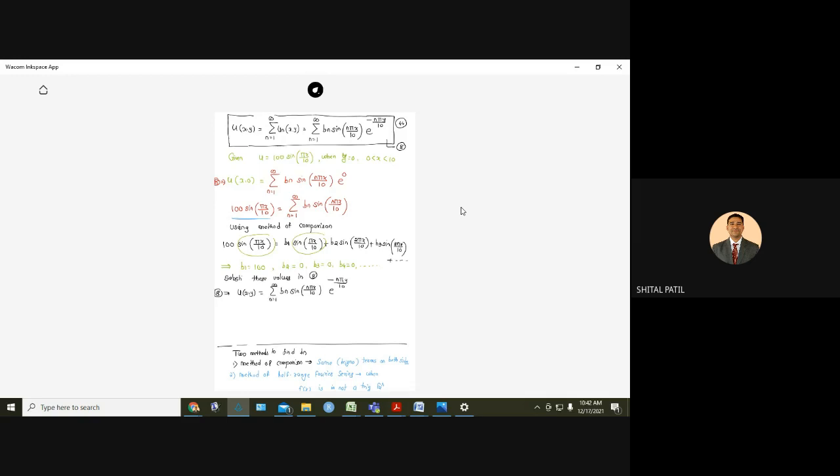Substitute n equal to 1, n equal to 2, n equal to 3, and so on, with 2 pi y / 10 for n equal to 2. And now so on.